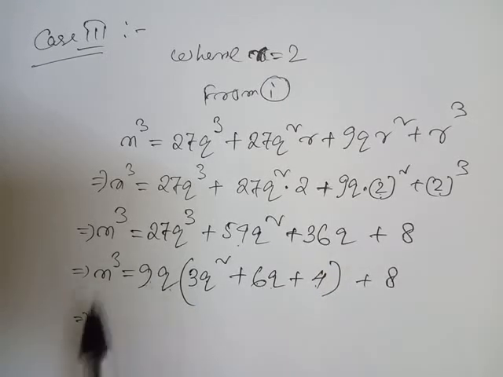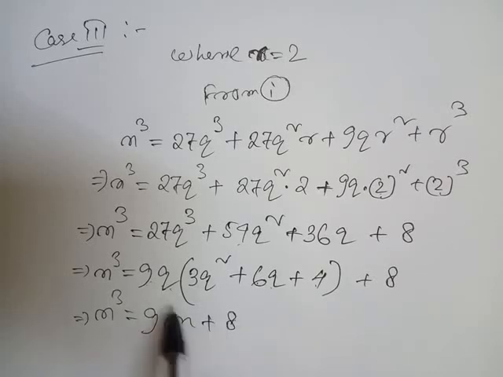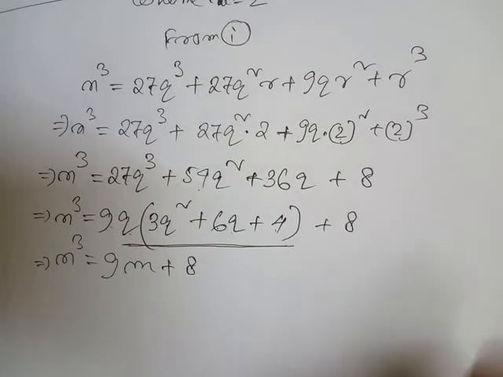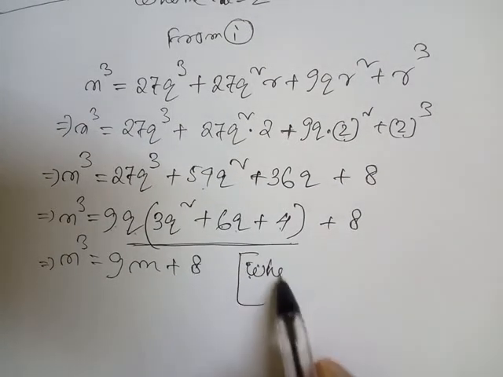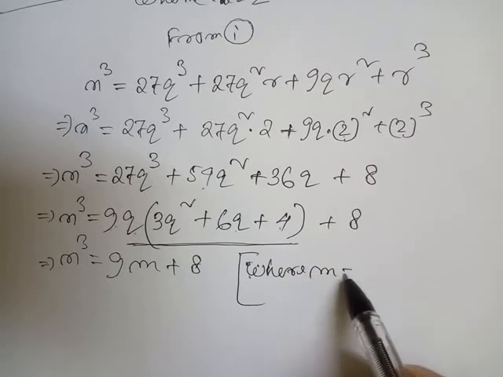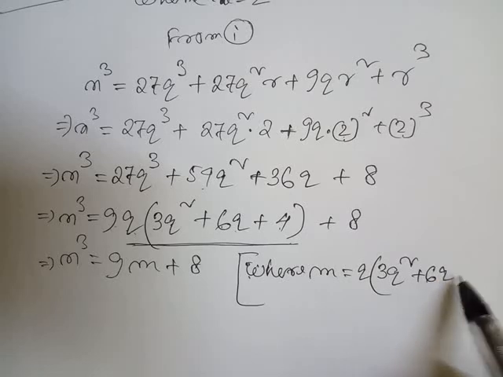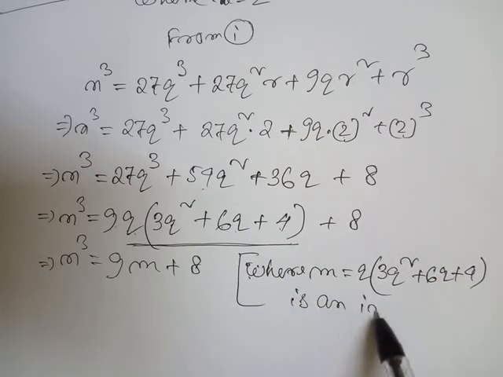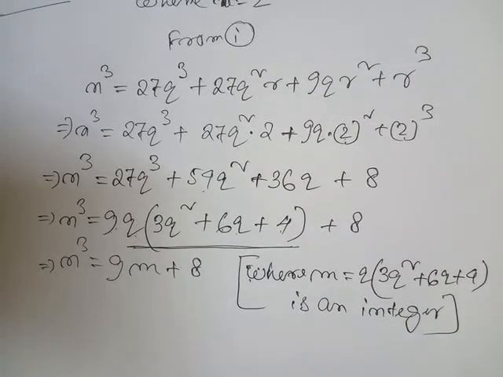So n cube equal to 9m plus 8. We'll write here the condition that where m equal to q cube plus 6q square plus 4q is an integer. So students, our third case is also satisfied.